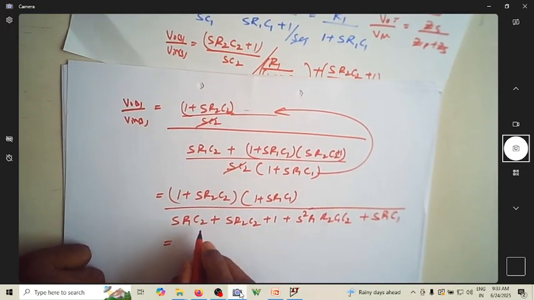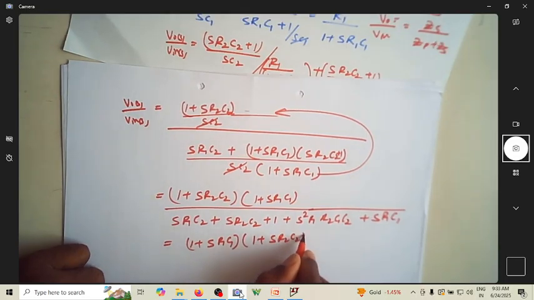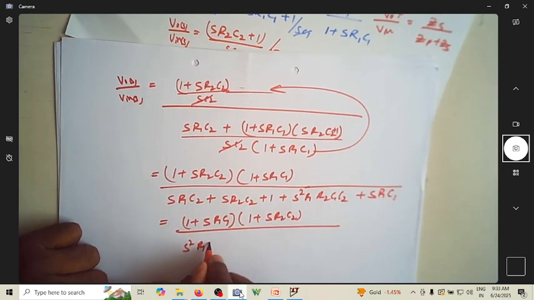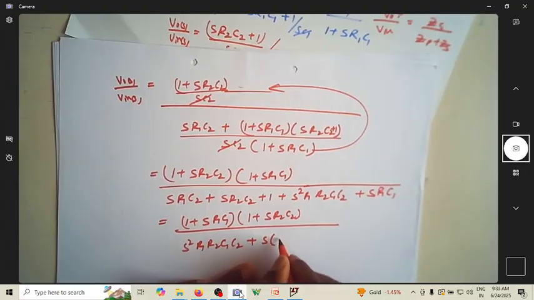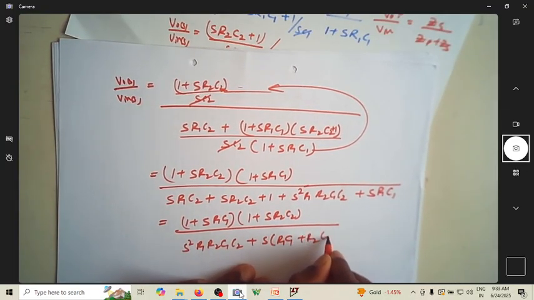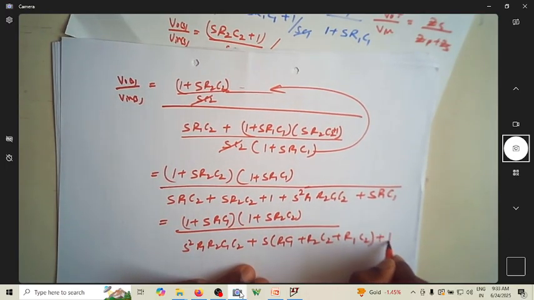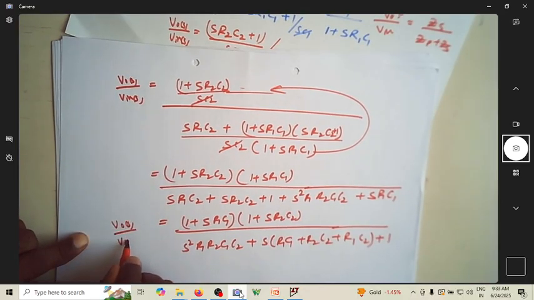Upon simplifying, this is 1 plus S R1 C1 into 1 plus S R2 C2 divided by S square R1 R2 C1 C2 plus S into R1 C1 plus R2 C2 plus R1 C2, plus 1. So this is V naught of S by V in of S.